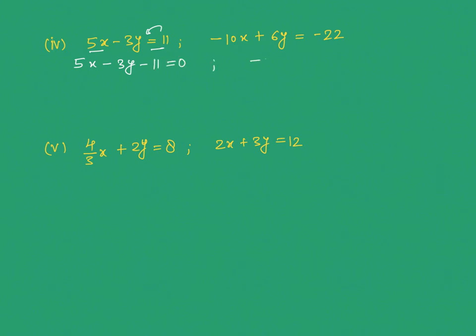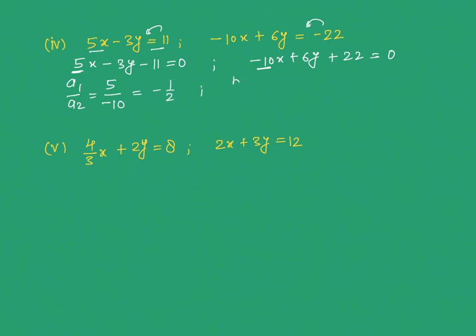And this is minus 10x plus 6y. And when this minus 22 goes to the left side, it will become plus 22 equals 0. Now, if we say A1 upon A2, A1 is 5 and A2 is minus 10, right? Which will be minus 1 upon 2.